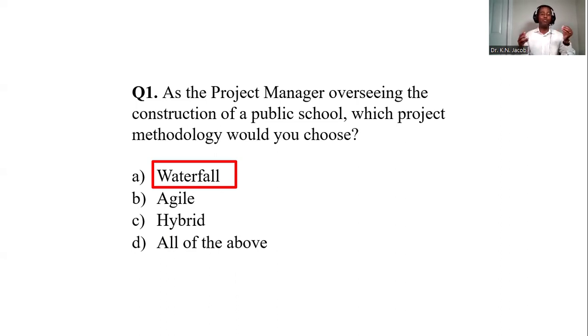When you start building a project and you're saying you don't even know the budget or the scope, you don't know how many classes you're going to put up. You have to know this education system, the number of classes, the number of students you anticipate to have in school, the number of teachers, the number of bathrooms. You have to know those things before you engage in this project.